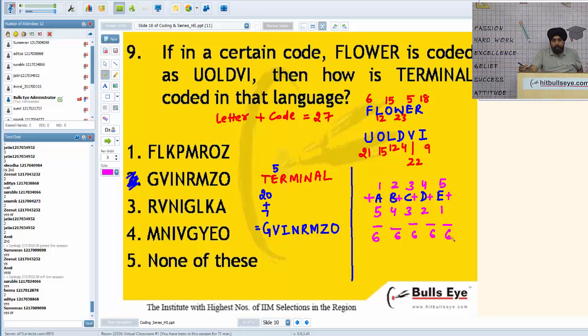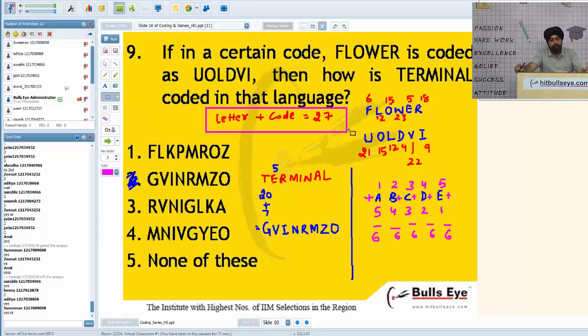Now we saw in this question that the sum of a letter and its code was always 27. So that simply means what, students? That F, which is the 6th letter from the left hand side, has a code which is 6th from the right hand side. That's why its position is 21st from the left hand side.